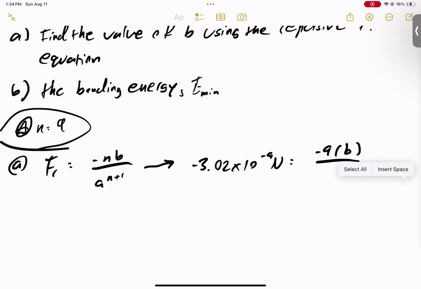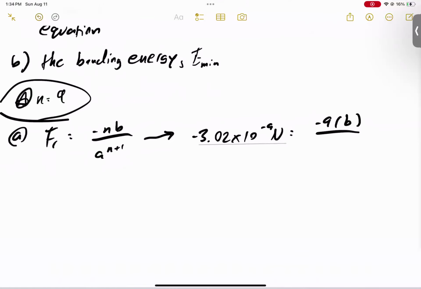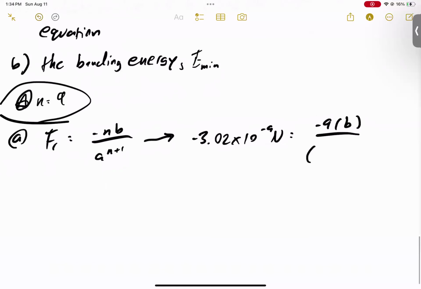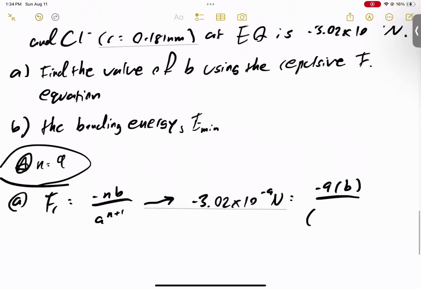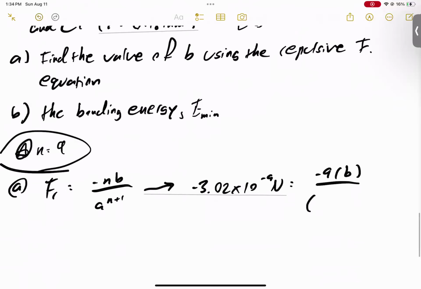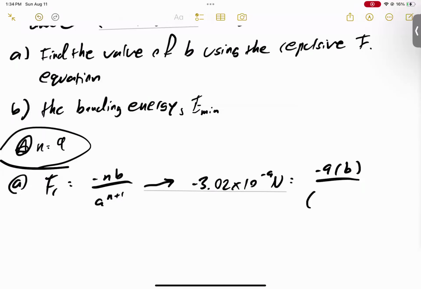And that's going to be over the interionic distance, which is essentially adding 0.095 nanometers and 0.181 nanometers. I'm going to convert that into meters, because the B value has the unit newtons times meters raised to n plus 1. That's the unit of the B value.